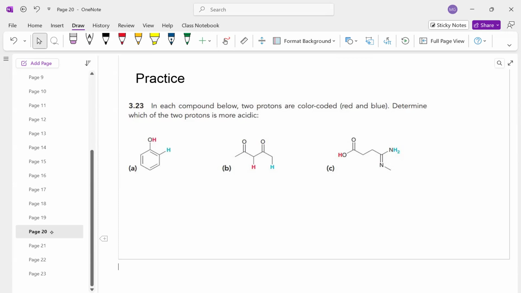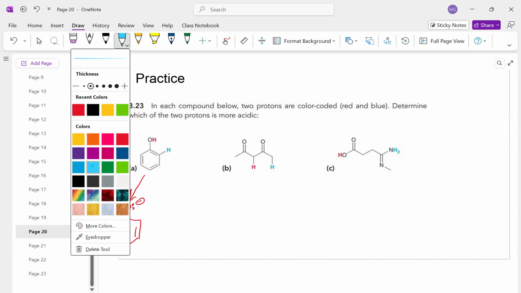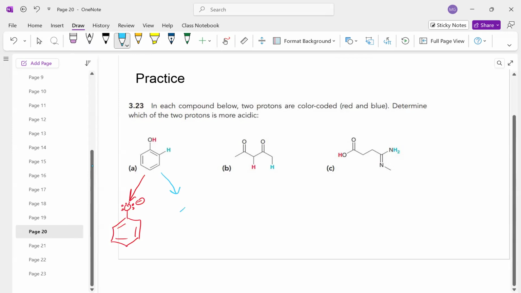We'll use a base and go down the red pathway and deprotonate the oxygen. And let's compare that to the blue pathway. What would that look like if I were to deprotonate the blue hydrogen? So now we're going to just compare them.